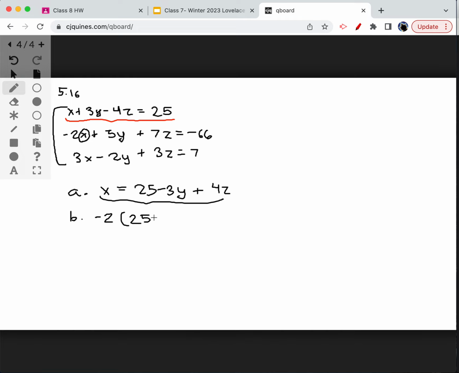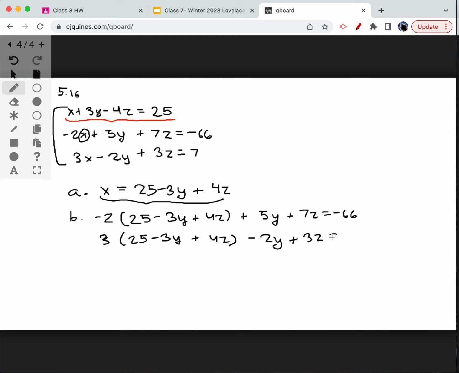So you get minus 2 times (25 minus 3y plus 4z) plus 5y plus 7z is equal to minus 66, and 3 times (25 minus 3y plus 4z) minus 2y plus 3z is equal to 7.